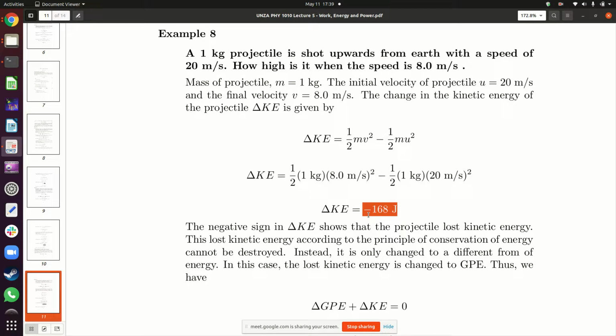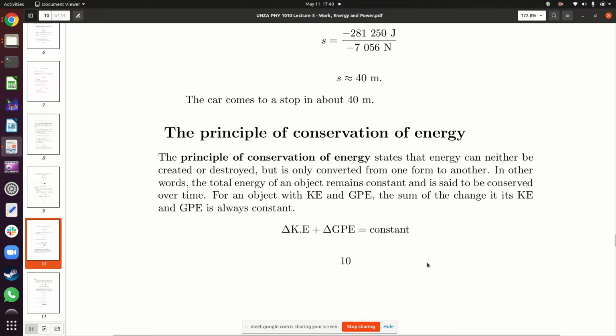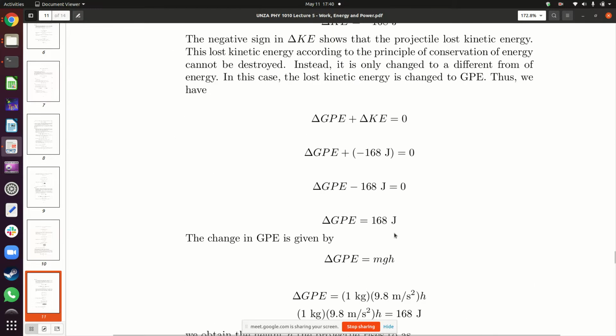Next, the change in gravitational potential energy plus the change in kinetic energy. Usually, when you add these changes, the constant we are talking about is not some other number; they usually add up to 0. When it comes to conservation of energy, they usually add up to 0.